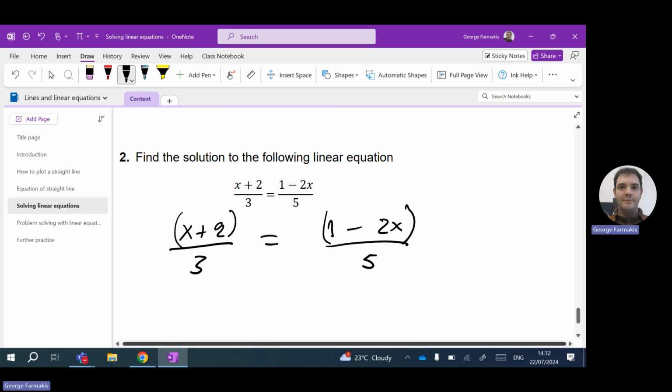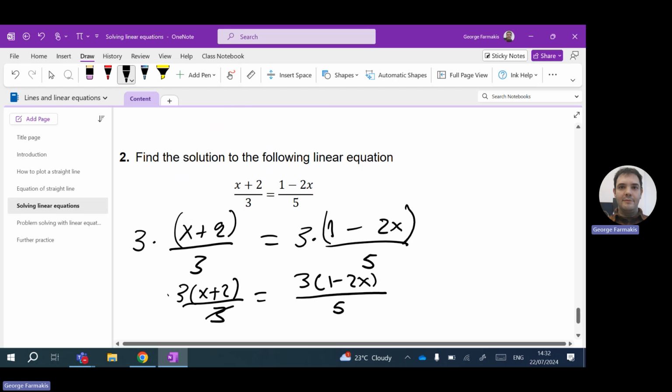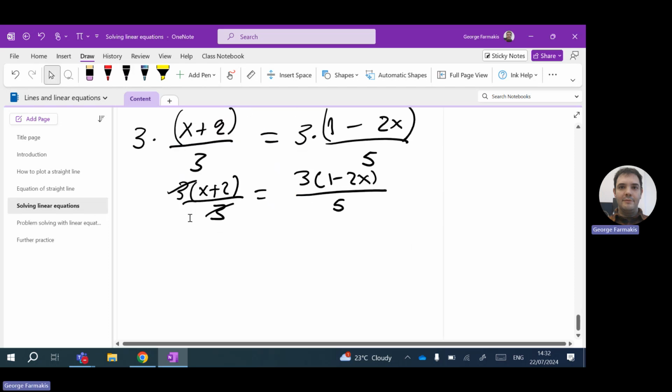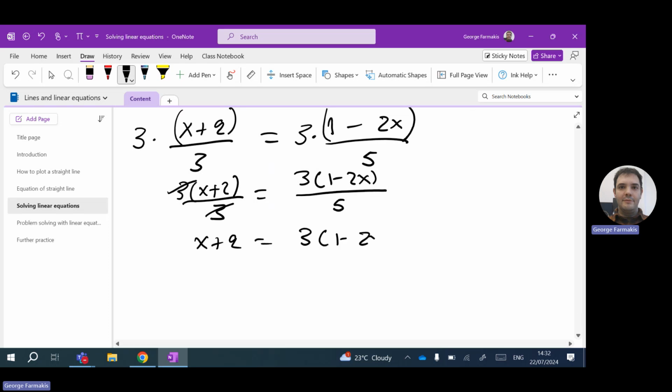So first, if I multiply both sides by 3, on the left-hand side, I can simplify the 3. So this is 3 times (x plus 2) over 3. This is 3 times (1 minus 2x) over 5. 3, 3, we can cancel. So we end up with x plus 2 equals 3 times (1 minus 2x) over 5.